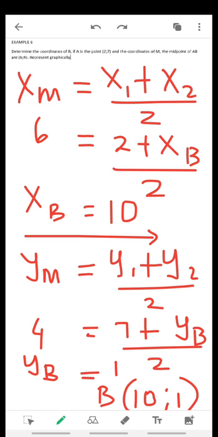Y1 is the y coordinate of A, plus yb all over 2. So this will be 4 equals (7 plus yb) over 2. Finding yb, the answer is 1. Remember, we must write it in coordinate form. B is (10, 1).